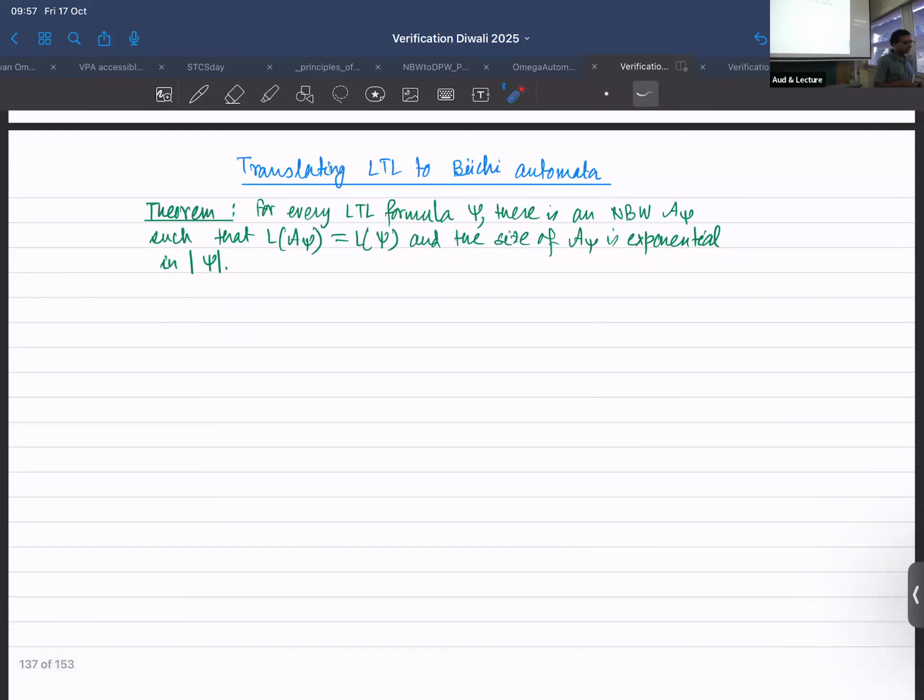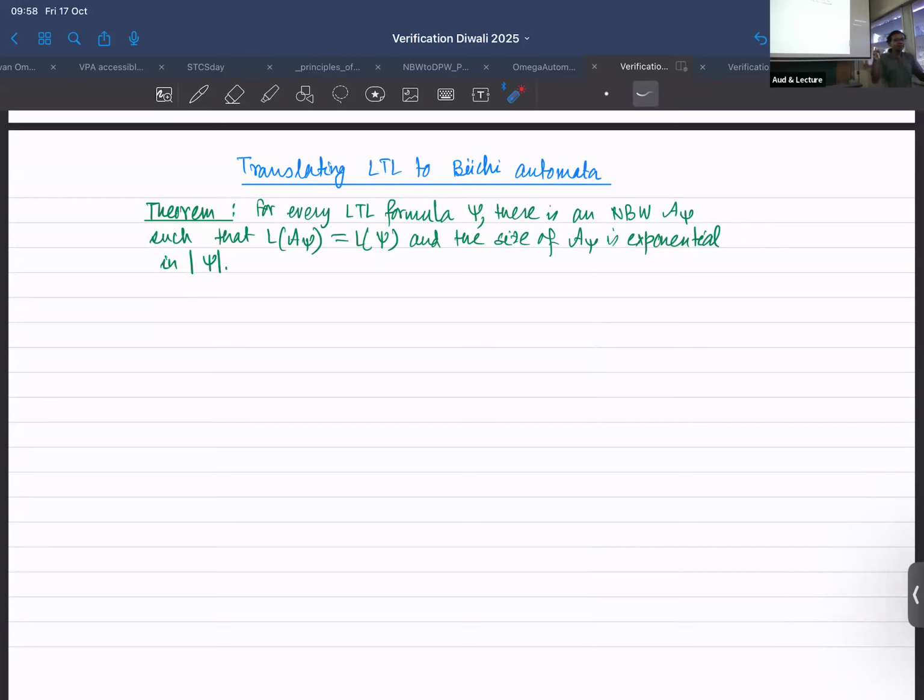Let's go over this, and then it might be slightly clearer. Even if you have the release operator, you can think of it like this: if there is an until condition like phi1 until phi2, the release will also ensure that whenever you see this, eventually you need to see phi2.